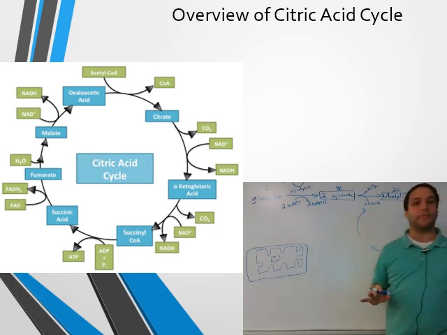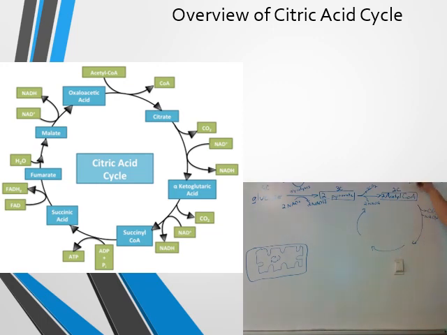So far, so good? So we've broken down that acetyl coenzyme A and cut off carbon dioxide. This acetyl coenzyme A, the first step is that acetyl coenzyme A binds to a 4-carbon molecule before it breaks off the CO2.